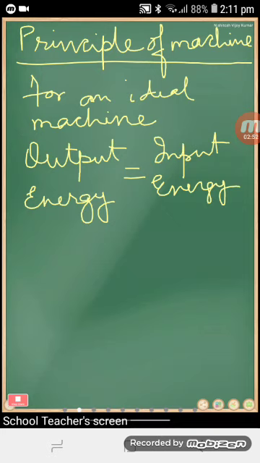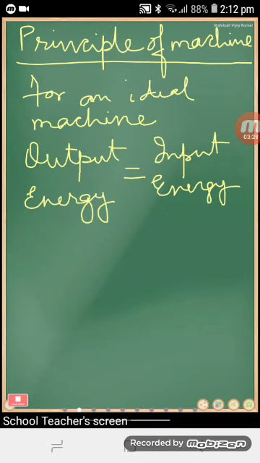Okay, and therefore we consider that output energy should be equal to input energy. Whether we write output energy equal to input energy or input energy equal to output energy, both are same. But logically, according to the energy which we input, we will be getting the output. So output should be equal to input. That should be a logical way of writing this. So principle of machine says that for an ideal machine, output energy is equal to input energy.